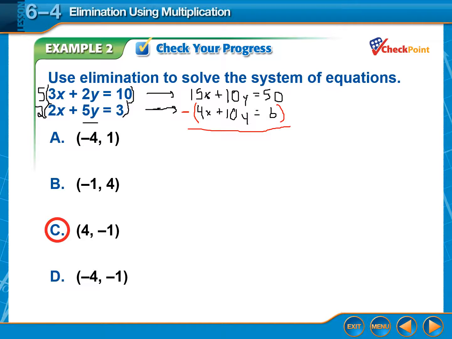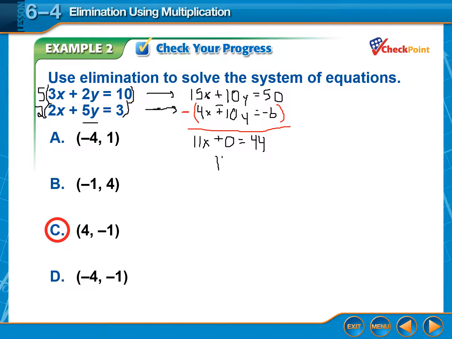So what do I get after I subtract all of those terms? So 15x minus 4x is 11x's. 10y minus 10y is 0. So I eliminated y. And 50 minus 6 is 44.